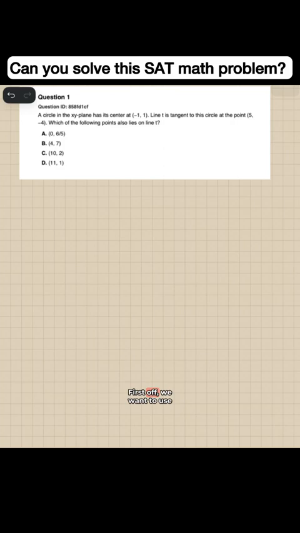First off, we want to use the key geometry fact, right? So let's draw a circle and then we'll proceed from there. And the radius of the circle will always be perpendicular to the tangent, right?